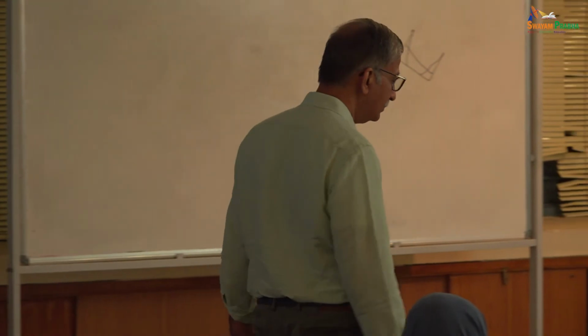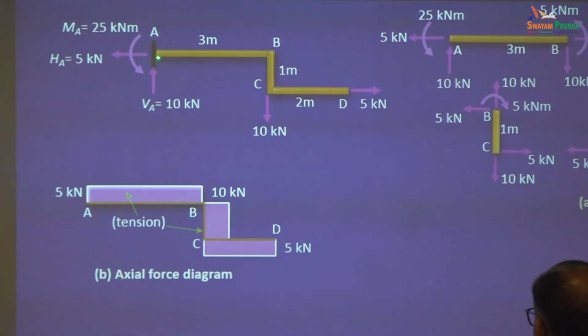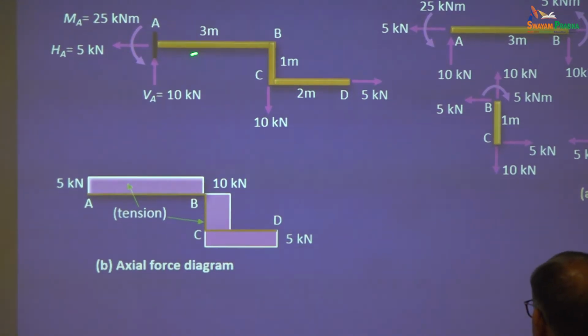Okay. Now draw all possible diagrams. Let's draw the axial force diagram. All three members have an axial force, and you will find it's all tensile because this 5 kilonewton is pulling and it's going to pull all the horizontal members horizontally. So 5 here, 5 there.